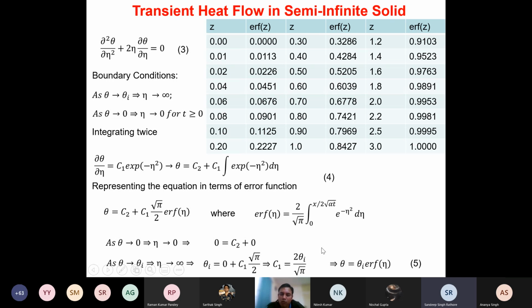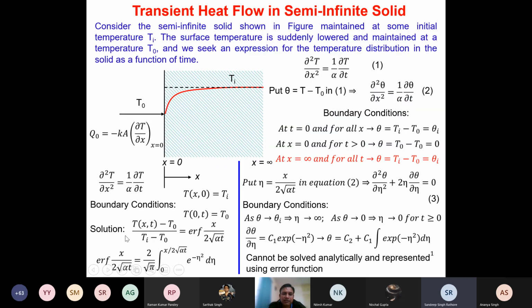Theta I is nothing but Ti minus T naught, isn't it?